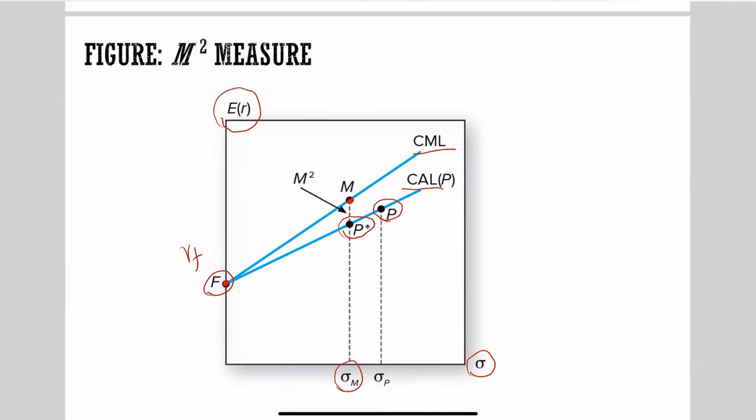The difference between the return of the market index and the return of P star gives you the M-squared measure. So it's this distance here.